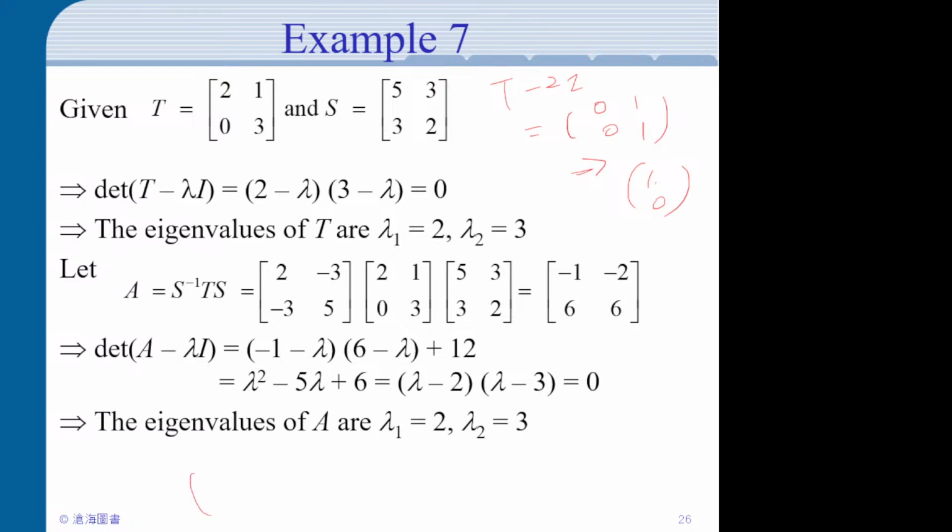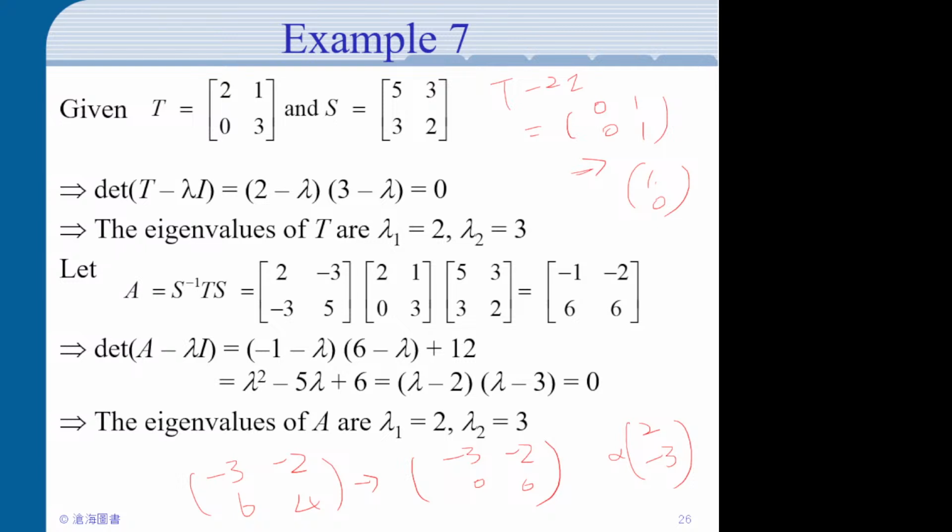But so what's the eigenvector of A with respect to 2? A minus 2I is minus 3, minus 2, 6, 4, and you do Gaussian elimination, you get minus 3, minus 2, 0, 0. And so the eigenvector is something orthogonal to this, so some alpha times 2, minus 3.